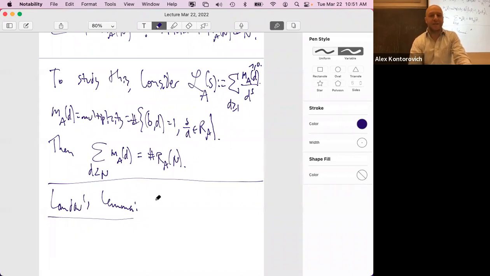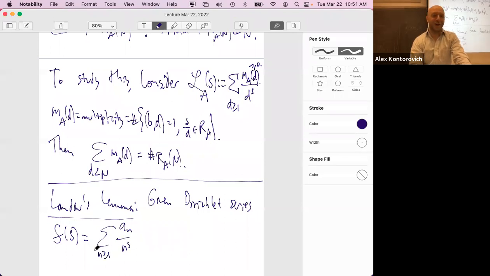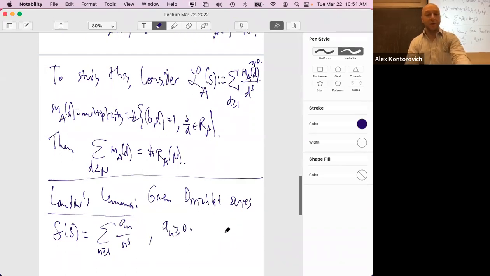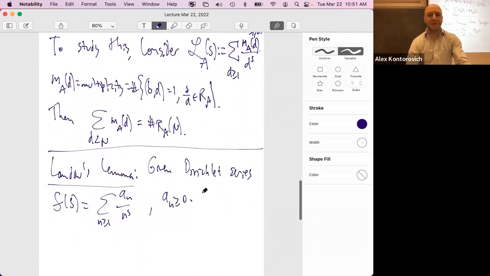The lemma says the following: given a Dirichlet series, call it f(s), the sum of a_n over n to the s with non-negative coefficients, the a_n's all non-negative, and suppose it converges absolutely in some half plane, real part of s bigger than some constant.